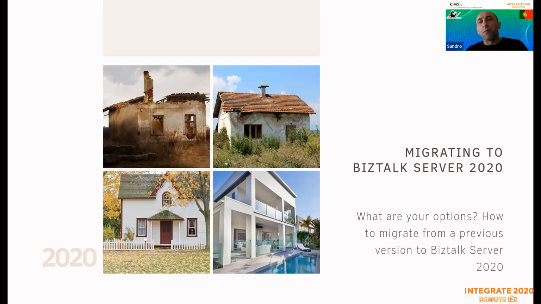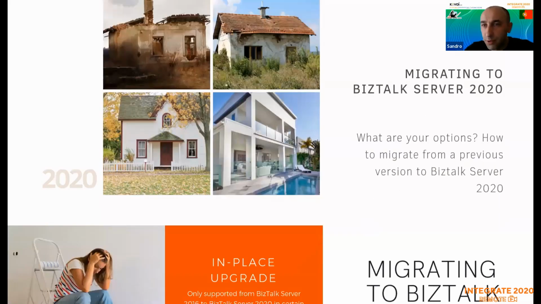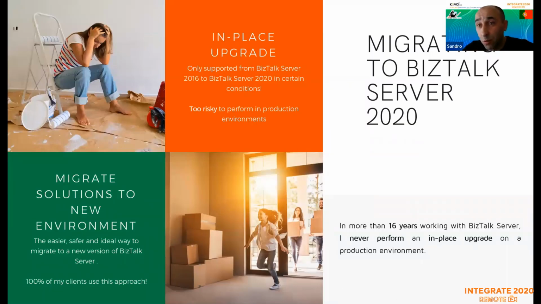So if you think about migrating BizTalk to a new version of BizTalk, from 2004, 2006 or 2010 to 2020, what are your options? You still have two options: an in-place upgrade, and to be honest, I have never done this kind of upgrade in a production environment in my life.